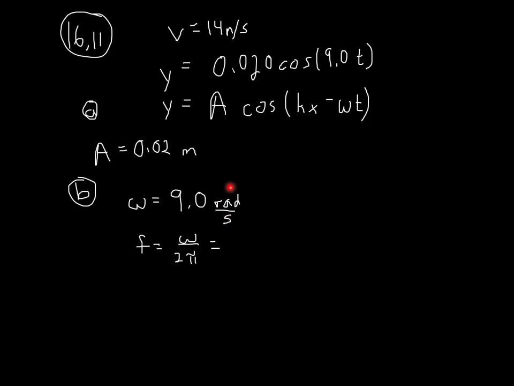So I need to get rid of that radian. How do I get rid of a radian? I can divide by 2 pi. So I take my 9.0 radians per second and divide by my 2 pi radians, and I get that my frequency is equal to 1.43 hertz.